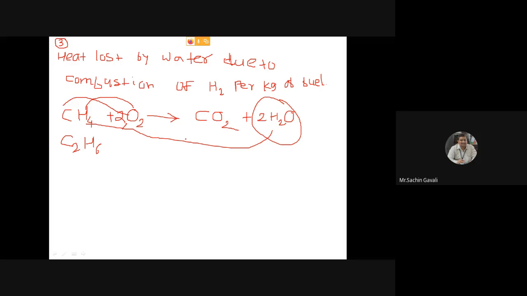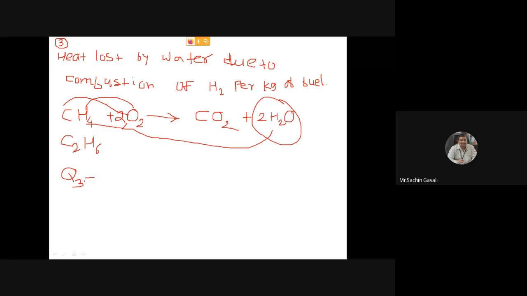Full stop. This water also takes heat from the combustion and gets converted into superheated steam. Full stop. This loss can also be calculated with the same formula.